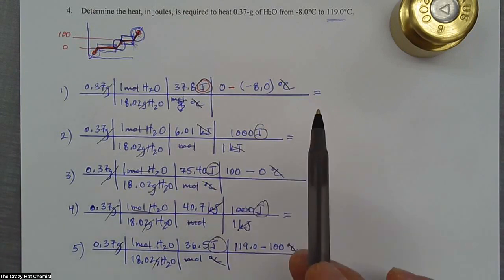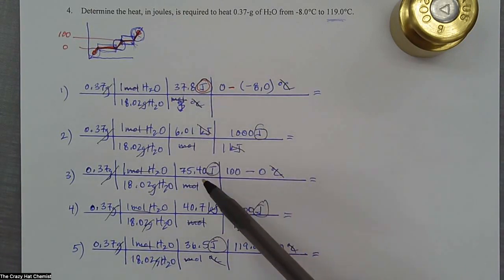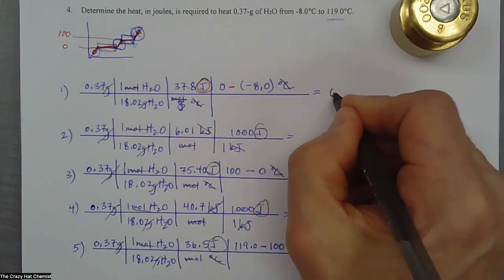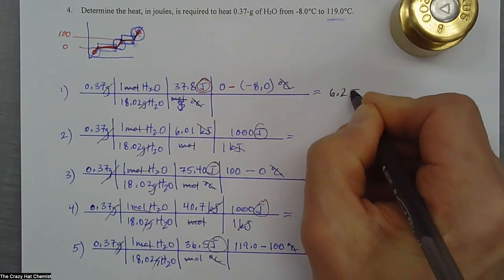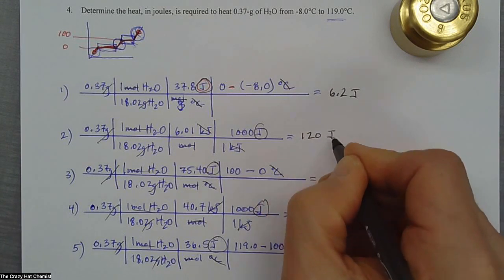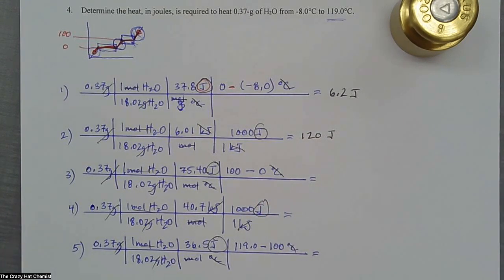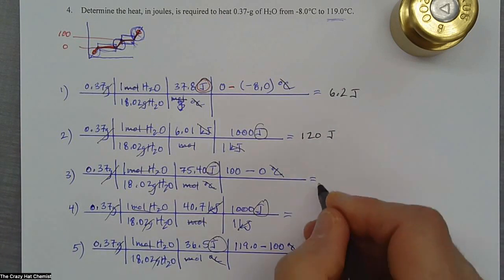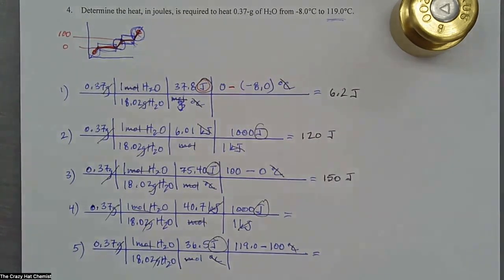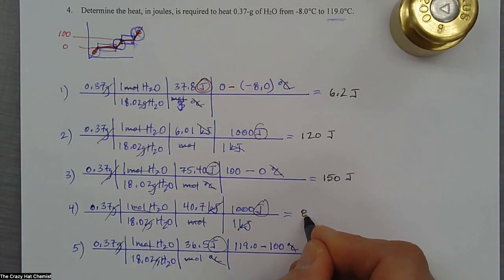Okay, we're going to have 2 significant figures for every single one of these steps. So you're going to do the calculator math associated with these. So plug these into your calculator. You're going to have 6.2 joules. Then you're going to have 120 joules. That trailing 0 does not count because I have 2 significant figures. 150 joules. That trailing 0 does not count because I have 2 significant figures. 840 joules. That trailing 0 does not count because I have 2 significant figures.